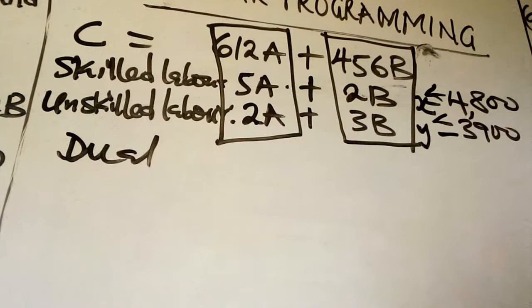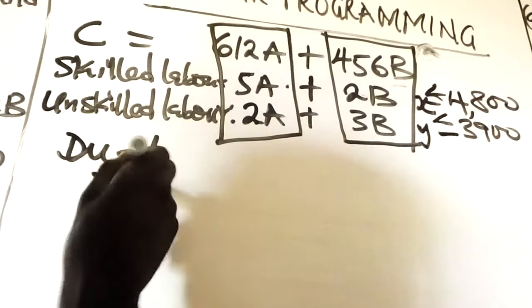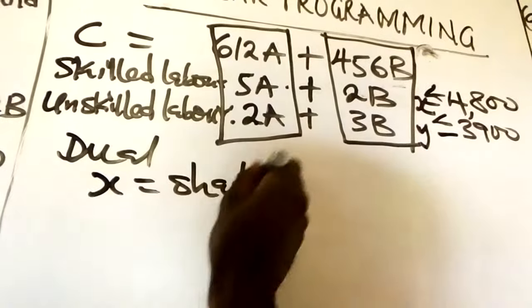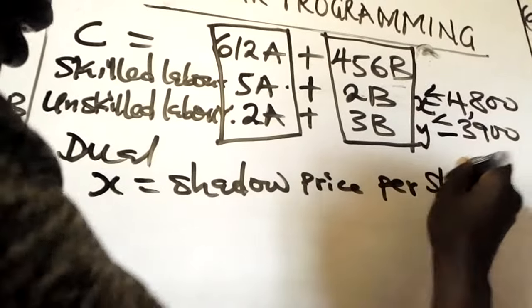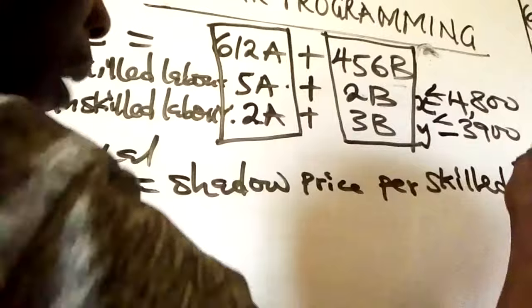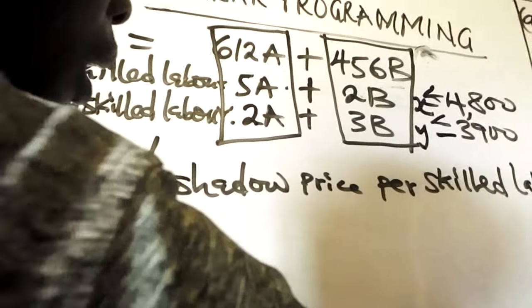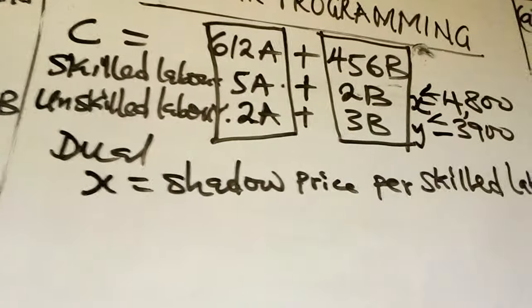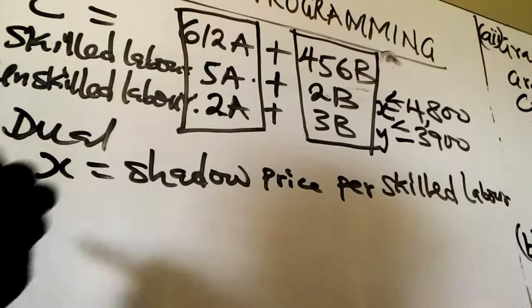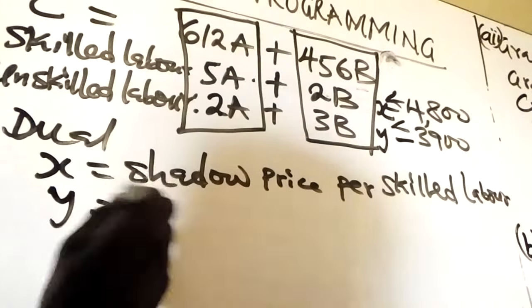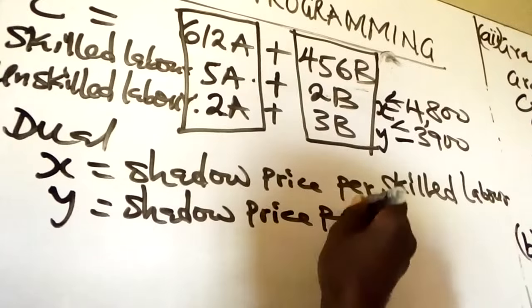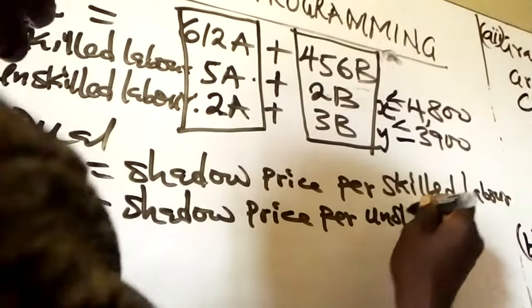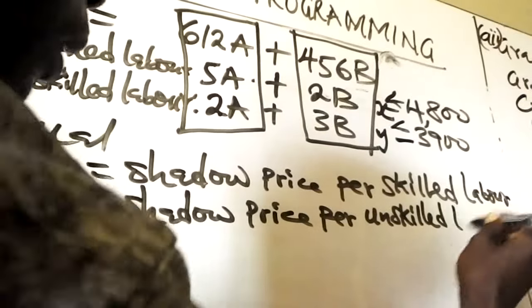Let x represent the shadow price per skilled labor, and y represent the shadow price per unskilled labor.